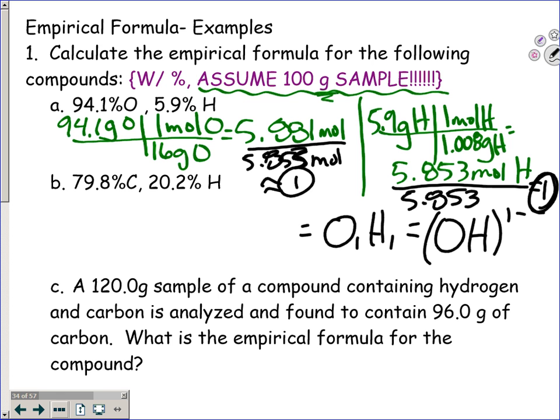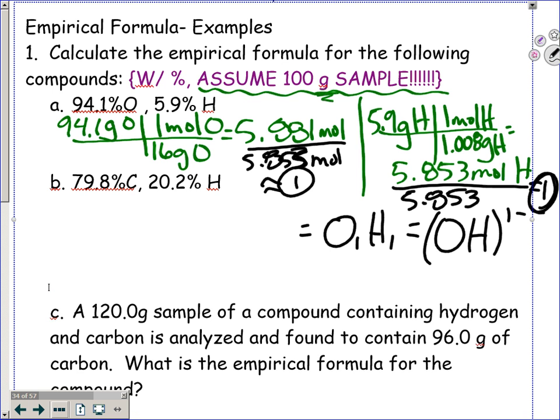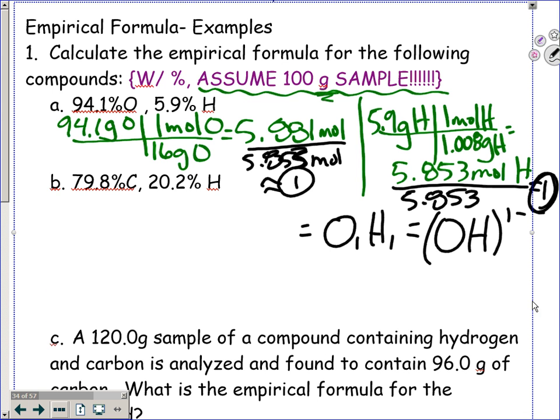Like those numbers more. Oh, wait, never mind. I was reading. Excuse me? Oh, periodic table molar mass.